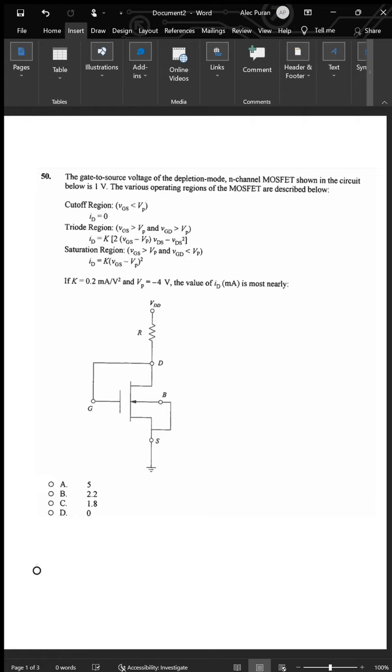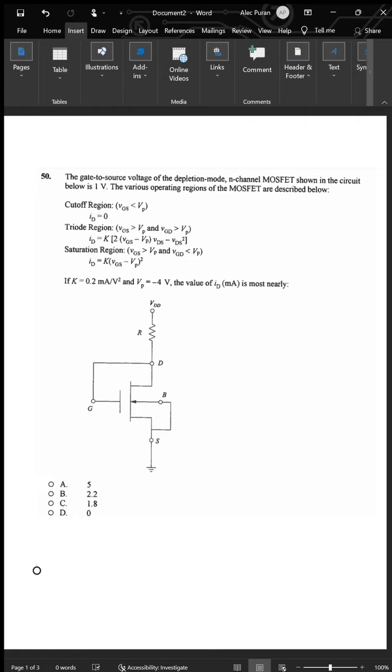So what can we say here? Well, because they're connected to that common point, VG, our gate voltage, is equal to VD, our drain voltage. And knowing that, we can say that VGD, the gate to drain voltage, is just the difference of those two, and that's equal to 0.